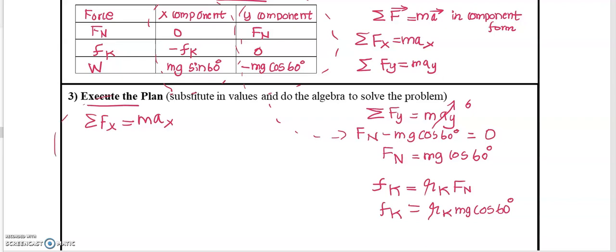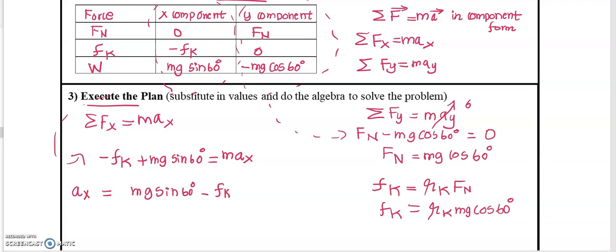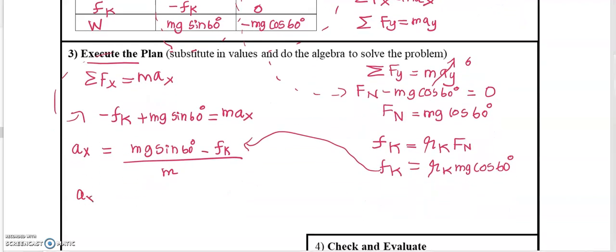Now I'm going to use Newton's second law in the x direction. Minus kinetic friction plus mg sine 60 is equal to mass times acceleration in the x direction. Since we're trying to solve for the acceleration in the x direction, I'm going to separate it, and I get an expression for the acceleration in the x direction. We have already solved for Fk in terms of mu k, mg, and cosine 60.